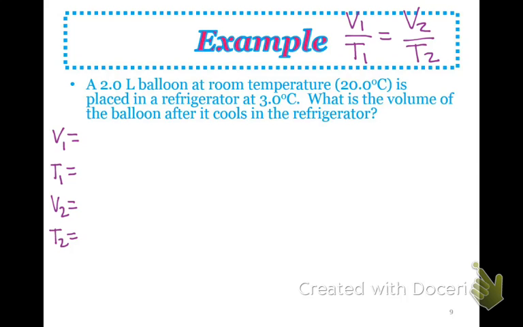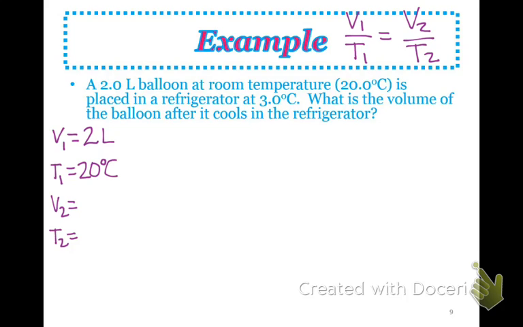Alright, so they give me a 2-liter balloon at room temperature, 20 degrees Celsius, and they tell me they're going to put it in a refrigerator, and they want me to figure out the new volume after it cools. Okay, so they give me a 2-liter balloon, so that's going to be my first volume. And then they give me 20 degrees Celsius, so that's going to be my temperature.